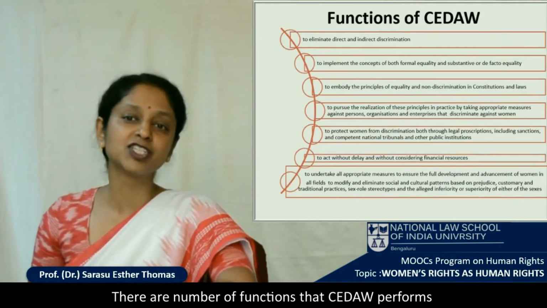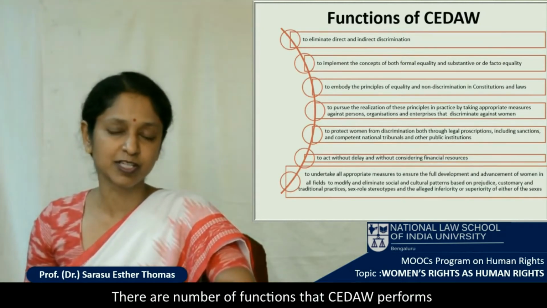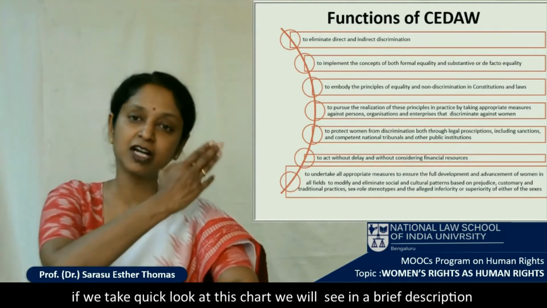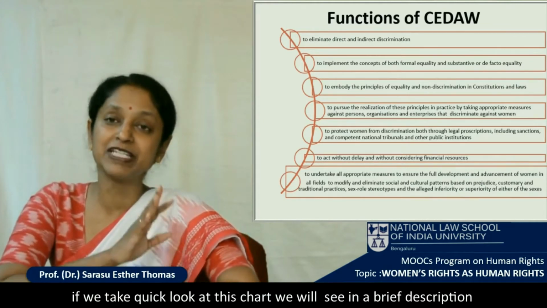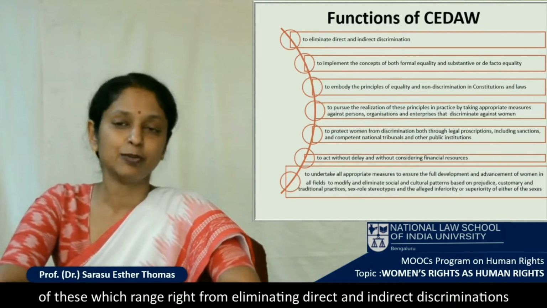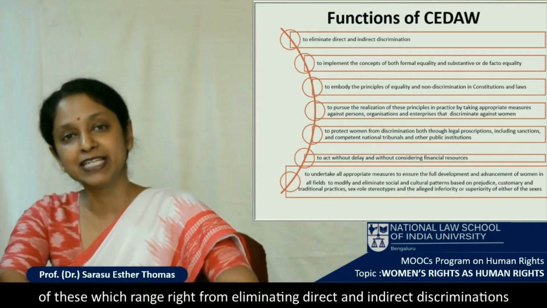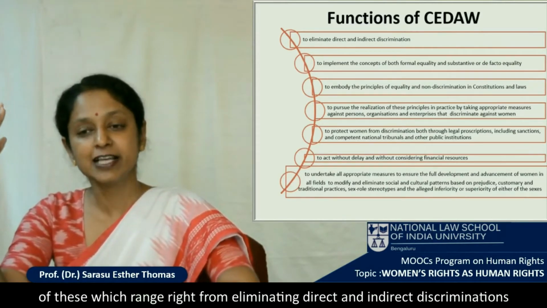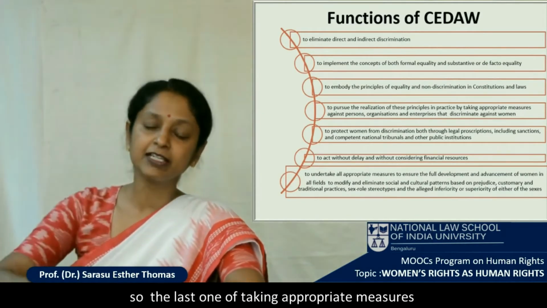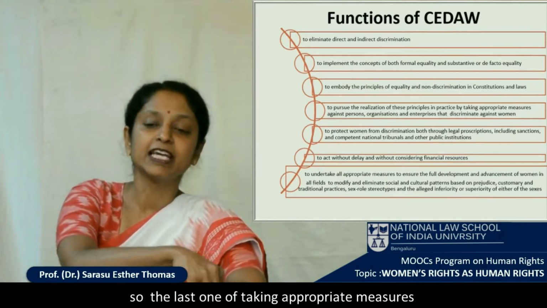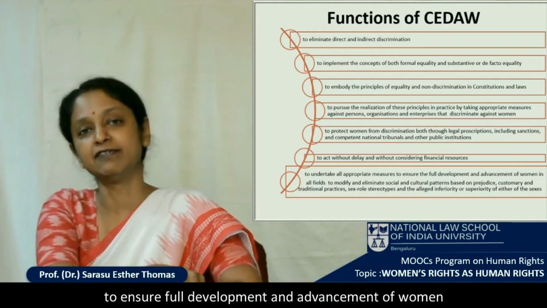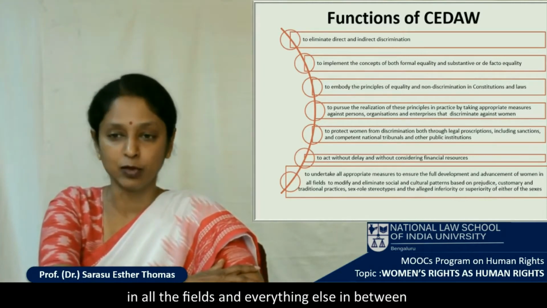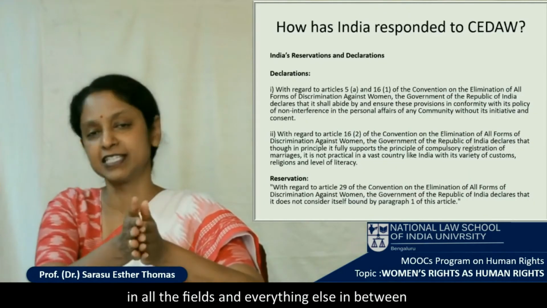There are a number of functions that CEDAW performs. If you take a quick look at this chart, you will see a brief description of these, which range right from eliminating direct and indirect discrimination to the last one, to taking appropriate measures to ensure full development and advancement of women in all fields, and with everything else in between.